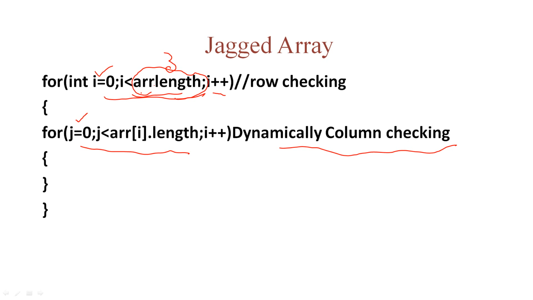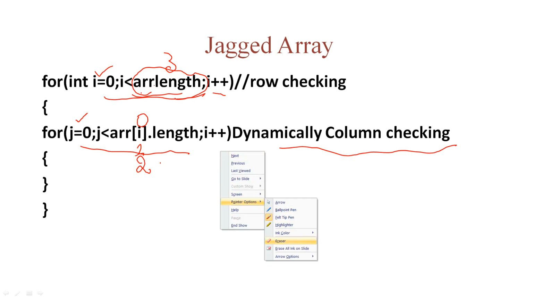So i equal to 0, j less than, very important. How will it be based? If it is the 0th row, it will be based on array of 0 dot length. If it is the first row, array of 1 dot length. If it is the second row, array of 2 dot length. Generally till now we have given a fixed size, but here it will be different.